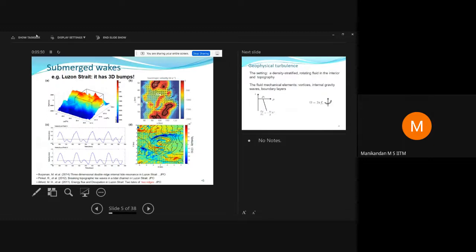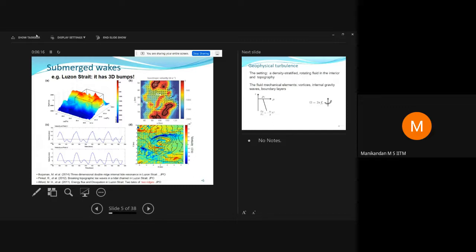Also, if you look at submerged wakes, this is the so-called Luzon Strait. It's like two-dimensional topography on the large scale. You've got two parallel long ridges, but interspersed between them you've got little hills and bumps, and these are three-dimensional objects.